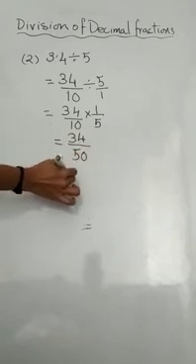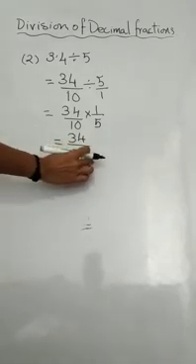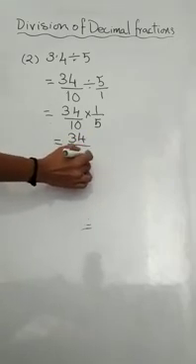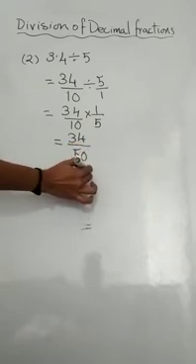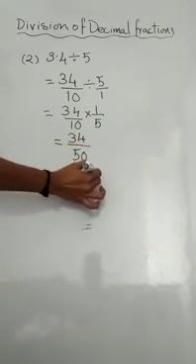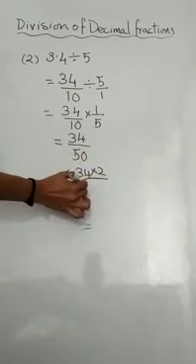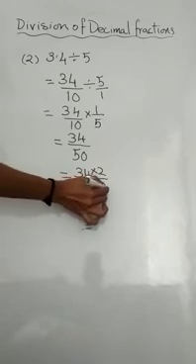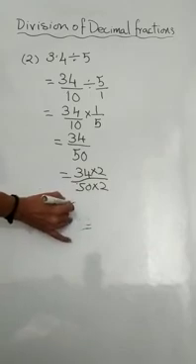Okay. Then the denominator you can't change into 10. The next option is changing it into what? Into 100. How can you change 50 into 100? You have to multiply 50 by 2. Then the numerator also you have to multiply by 2.